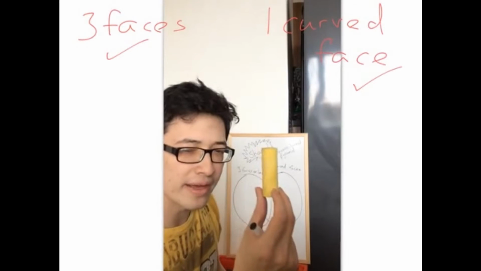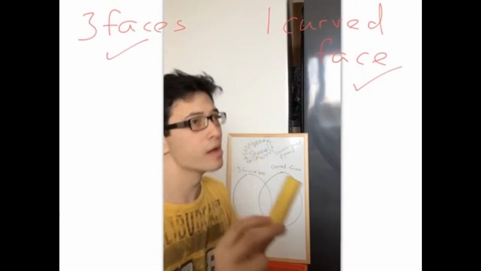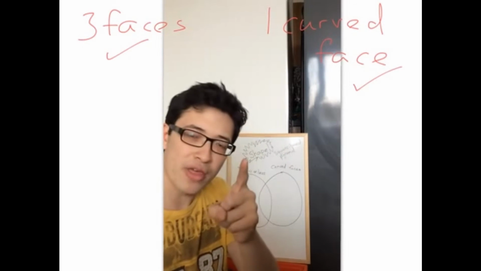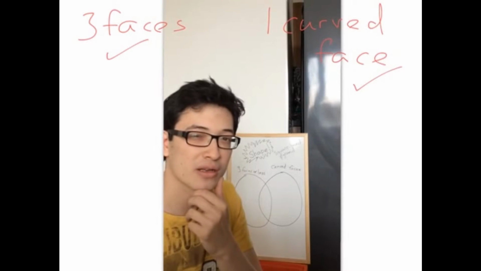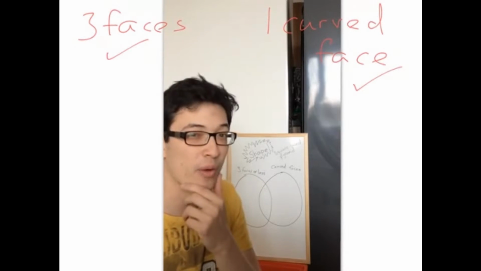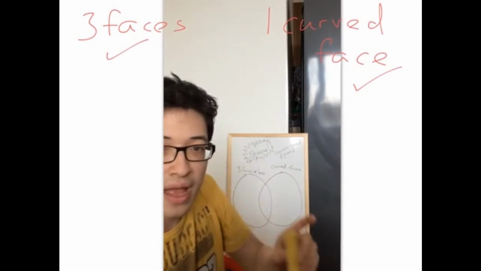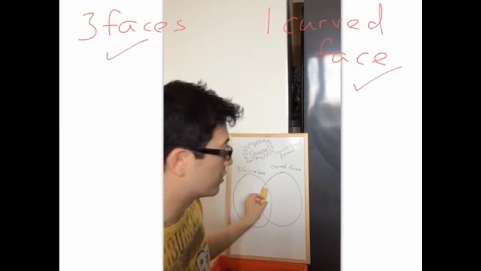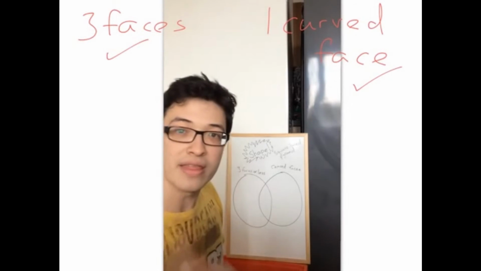So where do you think a cylinder would go in our Venn diagram? Pause, have a think, talk to your partner, and let's see whether you think it goes where I think it needs to go. A cylinder has both of these things, so that means it needs to go in the middle of our Venn diagram, so it looks a bit like this.